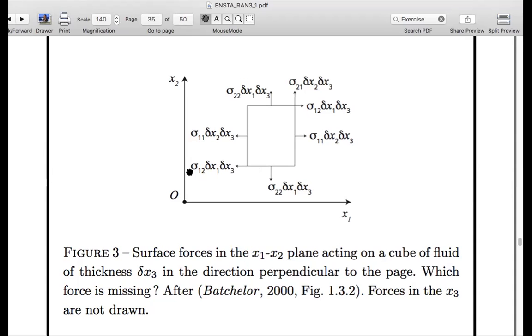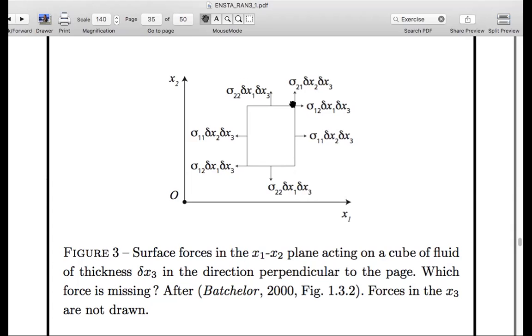So when you take sigma 1,2, it's giving you the force in the minus x1 direction, because the normal is in the minus x2 direction. The magnitude of that force is sigma 1,2 times this area, force per unit area times this area, and we've already worked that out. It's this length times that thickness. Okay, so there are the two forces in the plane acting on this surface.